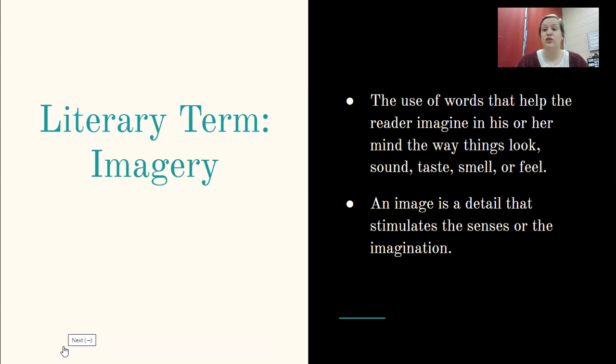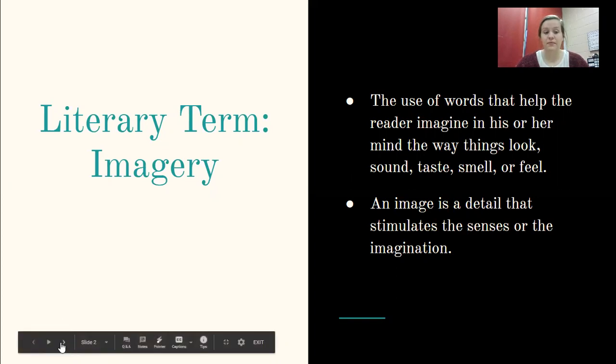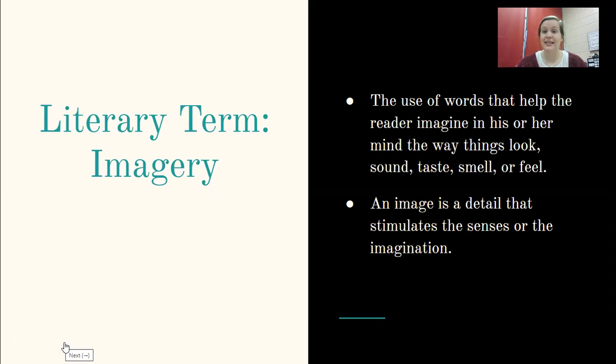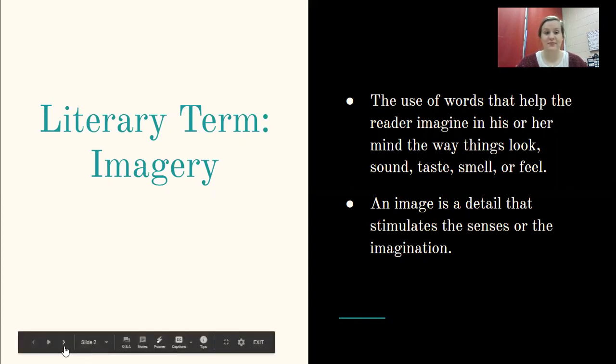But if I started describing how it smelled, I'm eating a large, juicy cheeseburger with bacon and lettuce and tomato, and I start using more descriptive words, you can kind of start to maybe smell it or taste it or envision how that would look in your mind, right? So authors can use very descriptive words to help us make a picture in our mind.